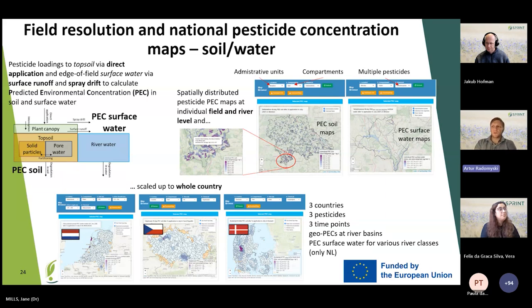In more detail, the concentration in surface water is obtained by taking into account farm-specific application loads and river catchment-specific discharge. We produce many maps, and they are available in the toolbox, in searchable web applications, at several spatial scales, such as individual fields for many districts, and also for entire countries.